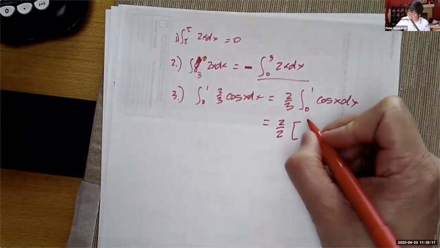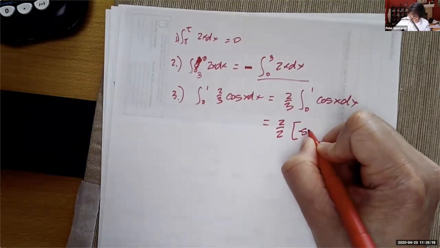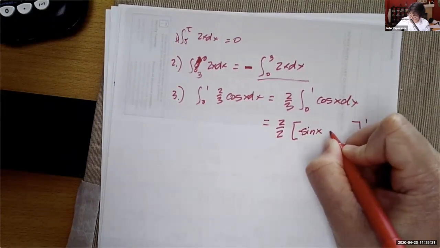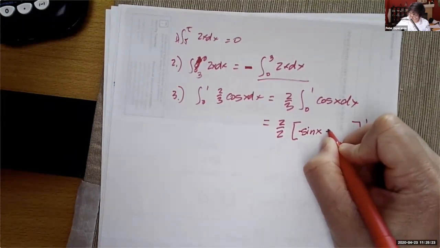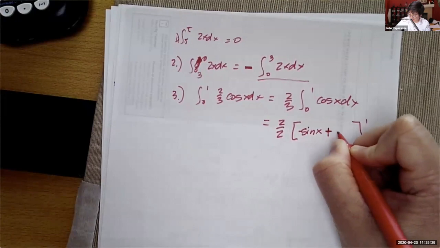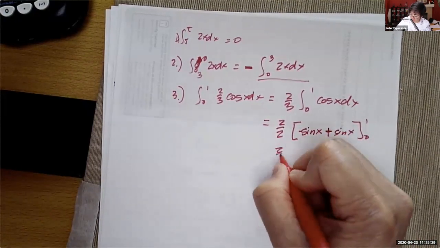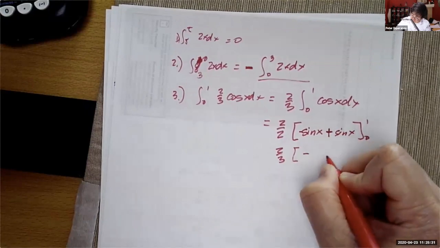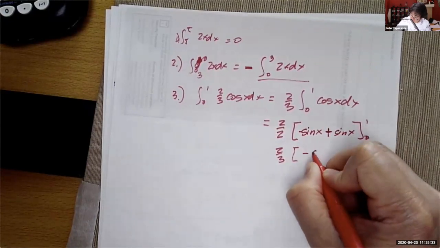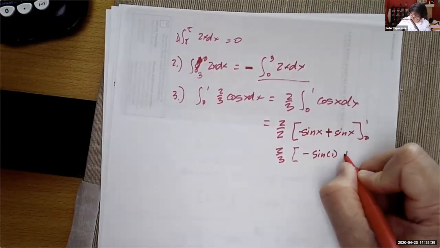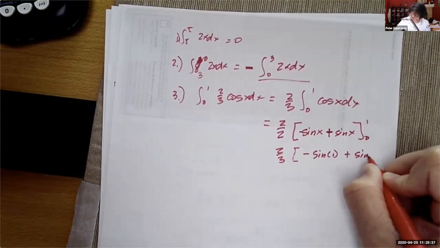Negative. So it's negative sine x, minus or plus sine x, evaluated from, so we have negative sine 1 plus sine 0.